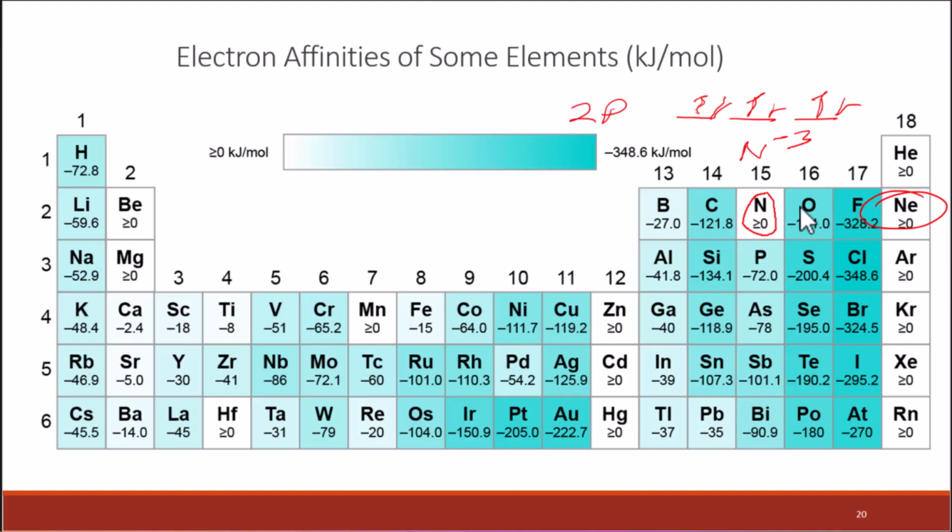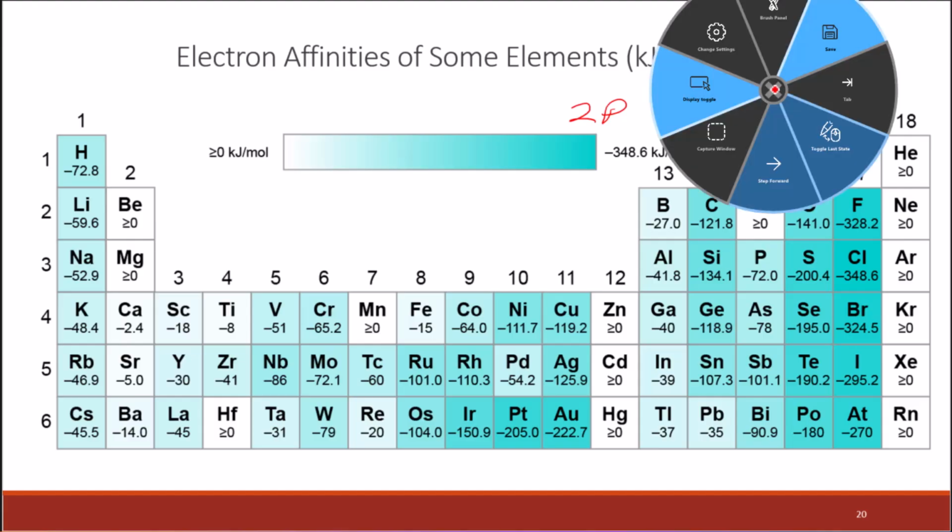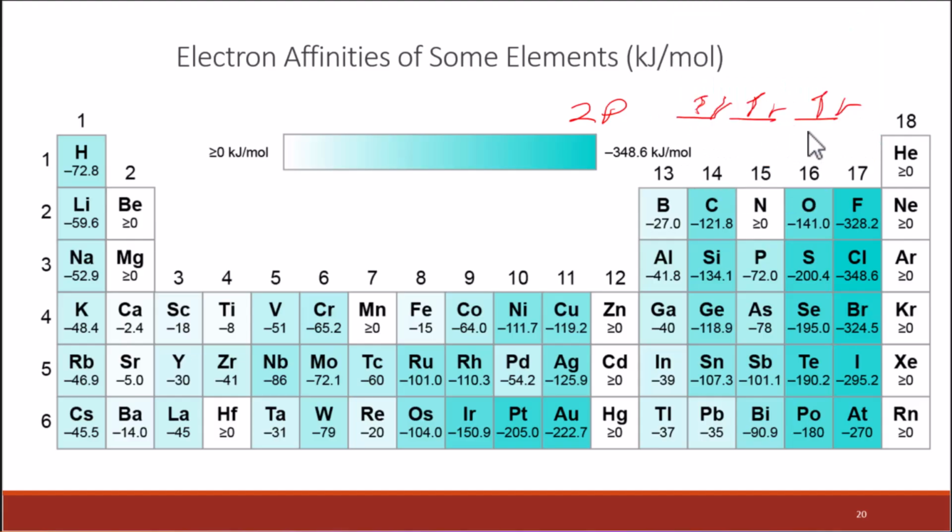Now, let's look at neon, and this is going to be true for any noble gas. If you've got a filled shell or a filled subshell, as you do with helium, neon, argon, krypton, xenon, and even radon down here, these guys do not have a negative electron affinity, meaning that they don't want to accept electrons.